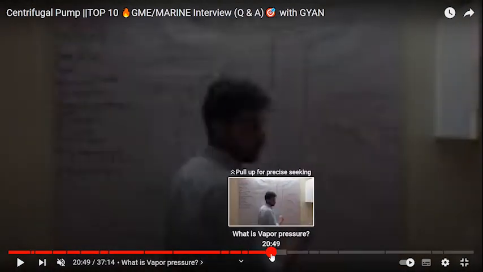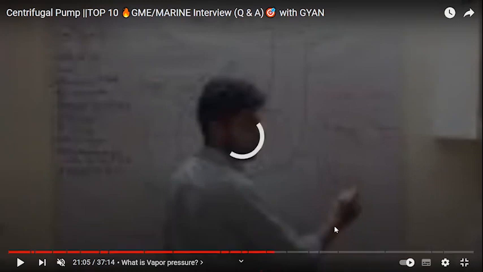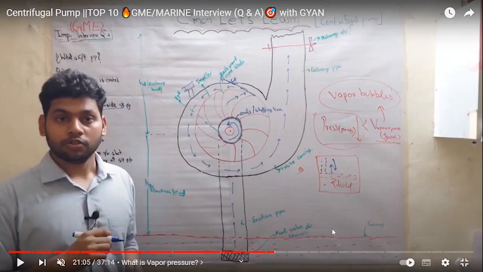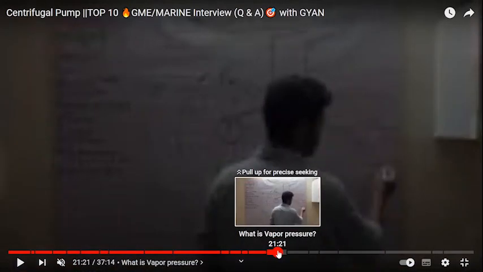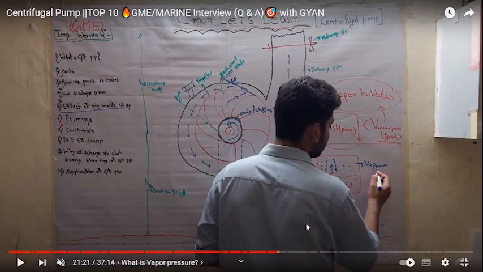You just said the vapor pressure of the fluid gets more than the pressure in the pump, or the pressure in the pump gets lower than the vapor pressure of the fluid. So what is the vapor pressure of a fluid? The vapor pressure means the force exerted by the vapor state when we are boiling or heating it.